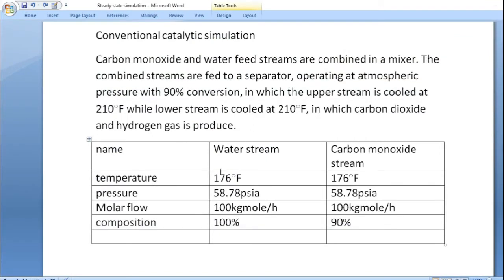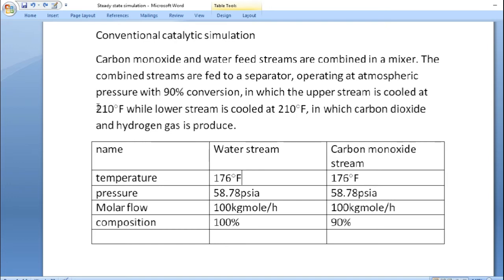So here initially I have a temperature of 176 degrees Fahrenheit, and after a certain unit has processed it, the temperature is cooled to 210 degrees Fahrenheit. That means a heater has been introduced to raise the temperature from 176 to a particular temperature, which for now is unknown.